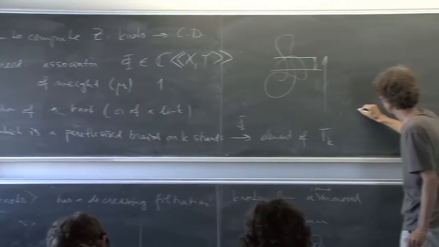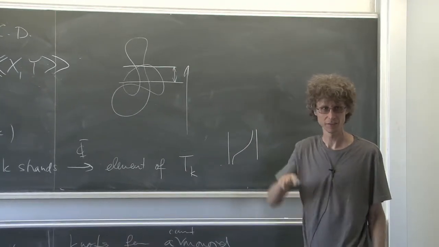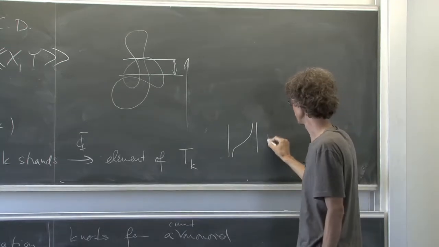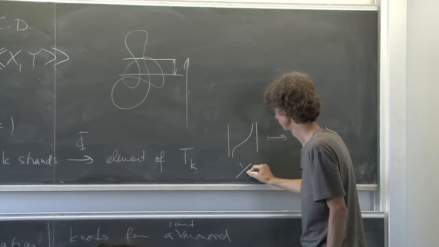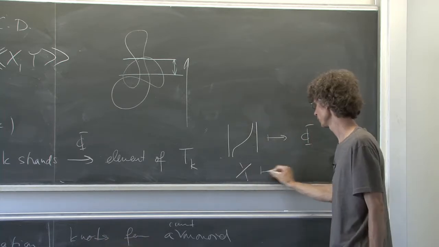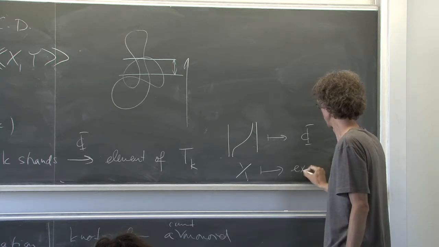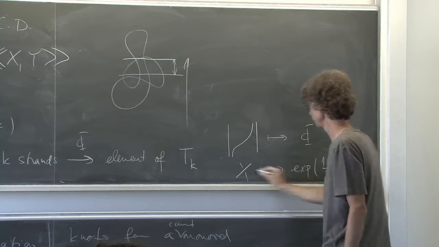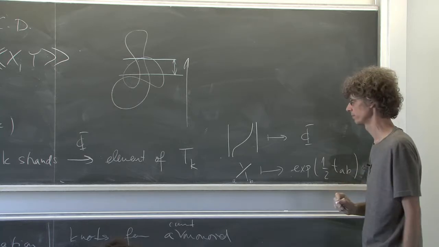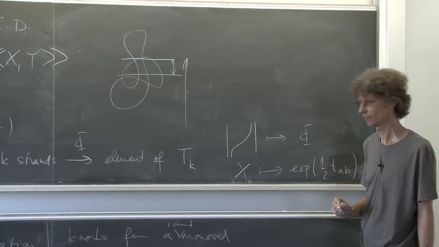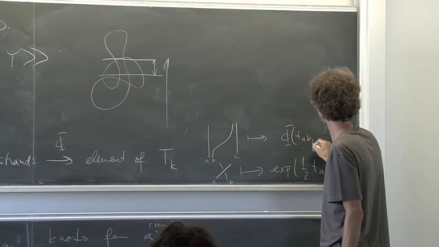When you see this thing, like re-bracketing, then you assign to it the associator, and when you see a thing like this, then you assign to it this R matrix, which is like the exponential of 1/2, and if I write here AB, of t_AB. So this is ABC, and should be t_AB, t_BC.